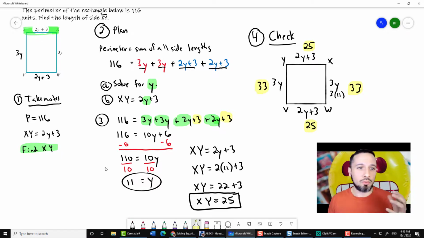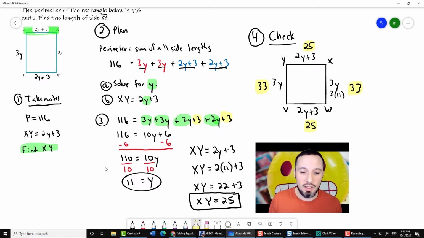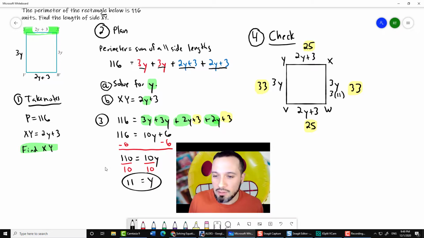And now, remember, they told us that the perimeter of the rectangle below is 116, which means when I added these 4 sides, 33 plus 33, we get 66. I add another 25, and I get 91.